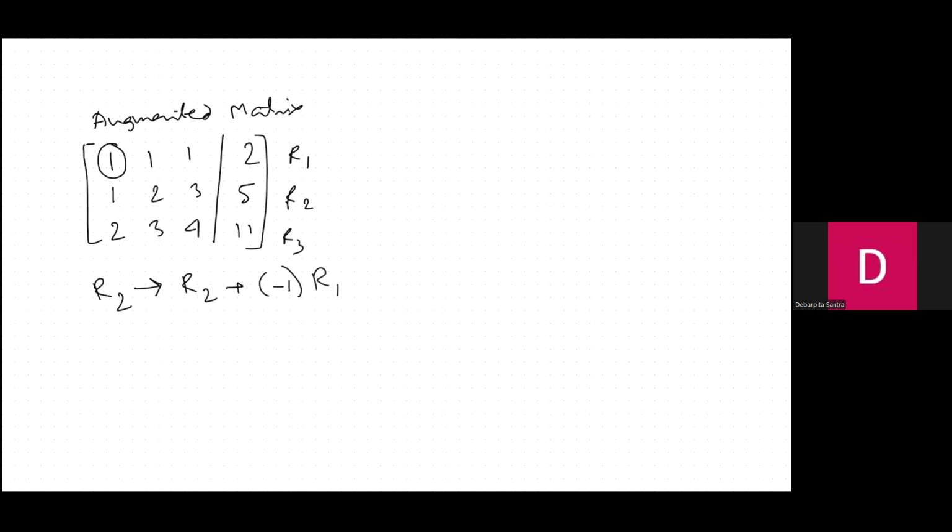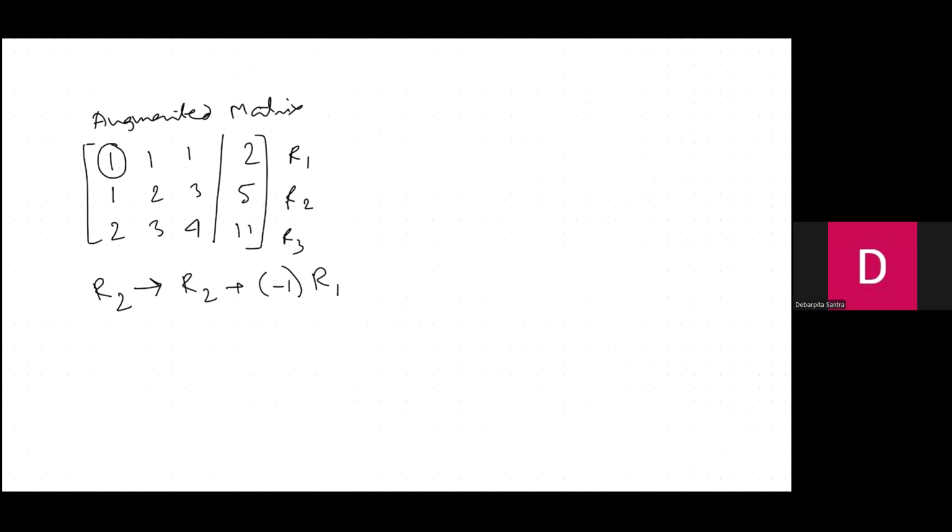There is 1, so if we add minus 1 times it, this will become 0. Only this kind of operation is allowed. So we multiply minus 1 with row R1 and add it to row 2.